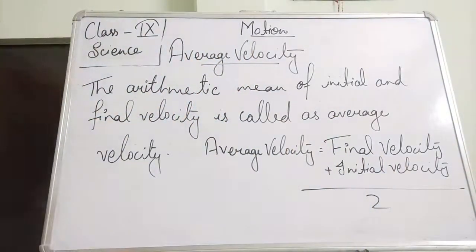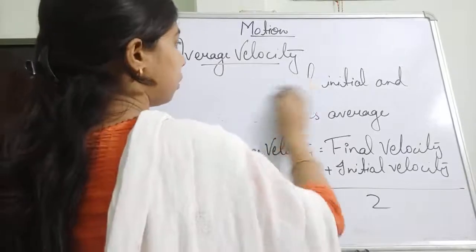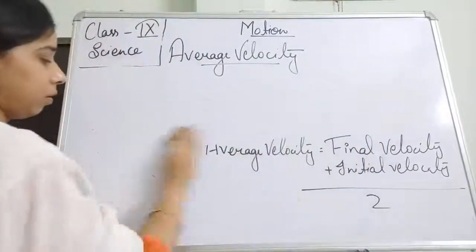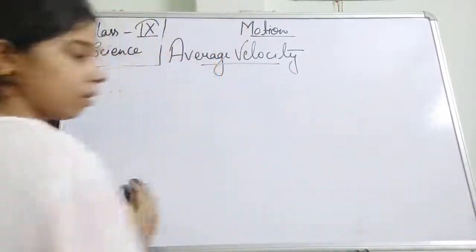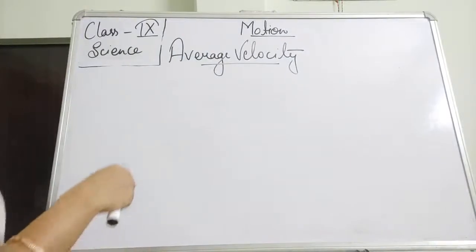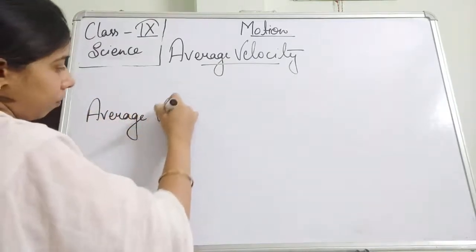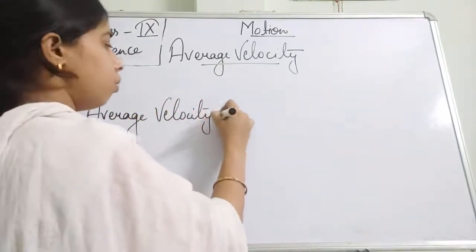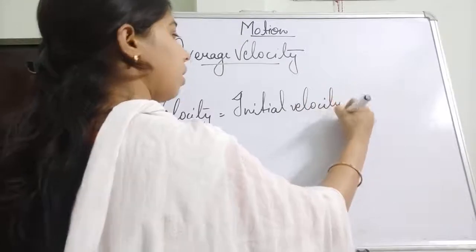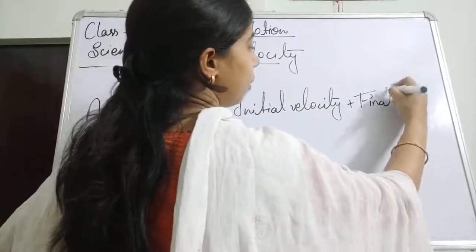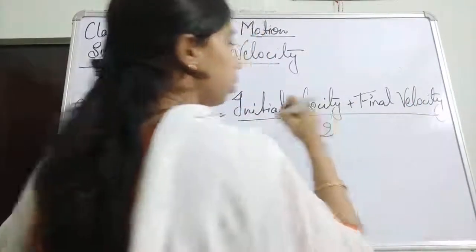Let me write it again here. Average velocity is equal to initial velocity plus final velocity, divided by 2.